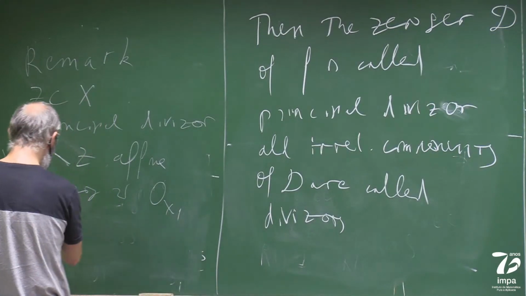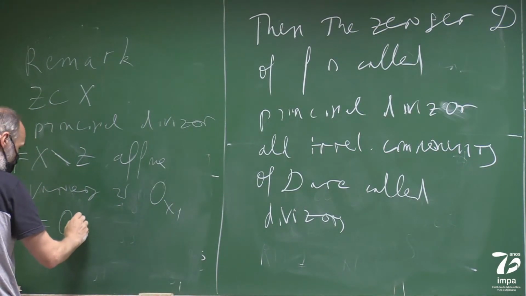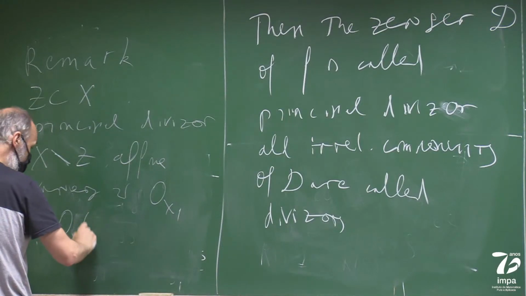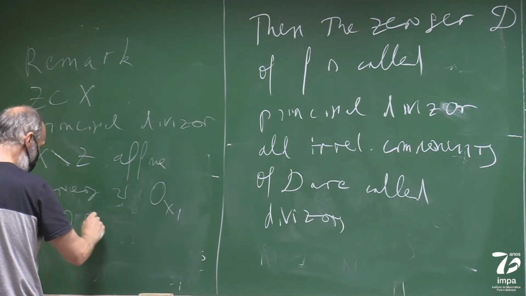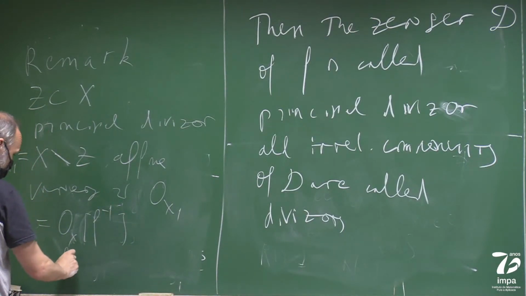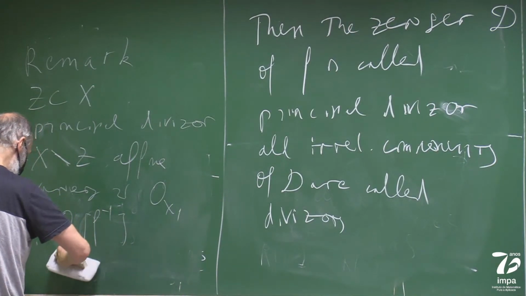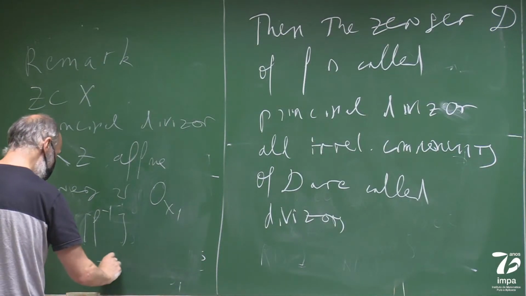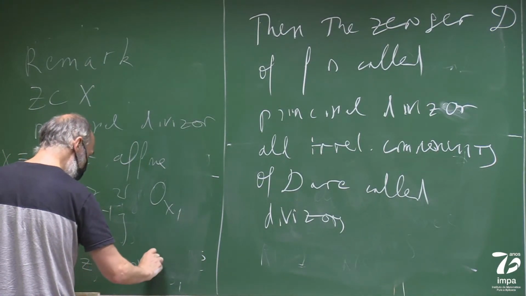O_X1 is equal to O of X, where we localize by f^(-1), where, well, better to say that Z is the zero set of f.